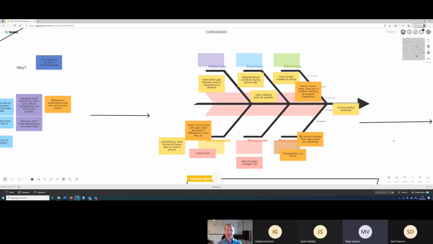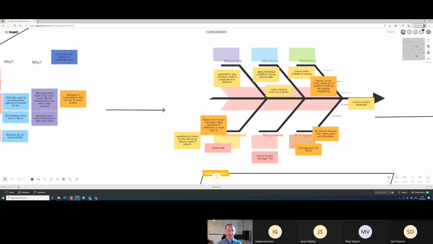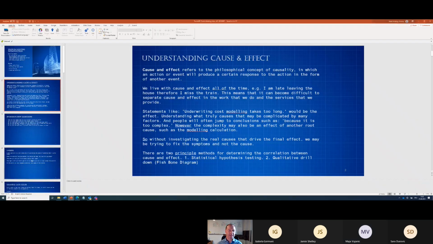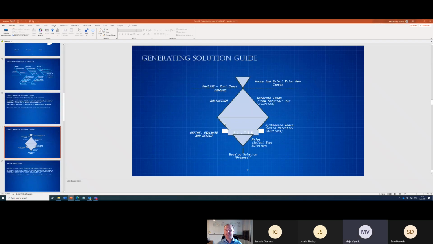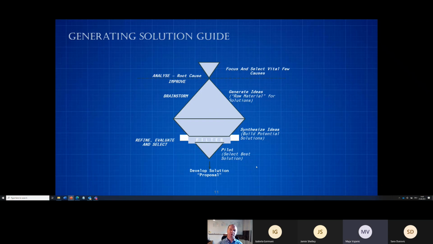So moving on then with a rapid pace, just going to flick back quickly to the presentation and talk about, once we've identified our root causes and done some work to identify what we think is the vital few root causes. You can imagine that during the problem identification phase, first of all, we try and expand the amount of root causes we can think of, and then we narrow it down.